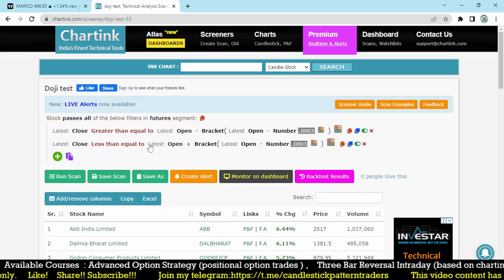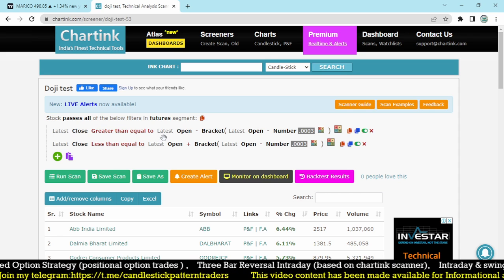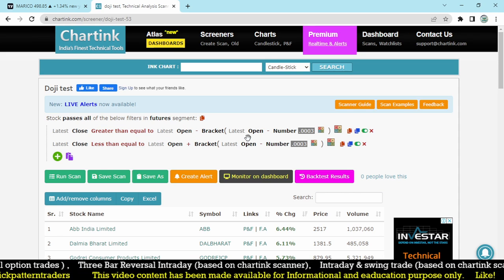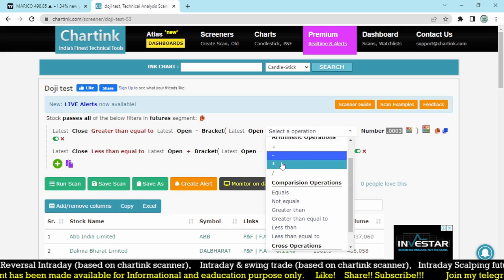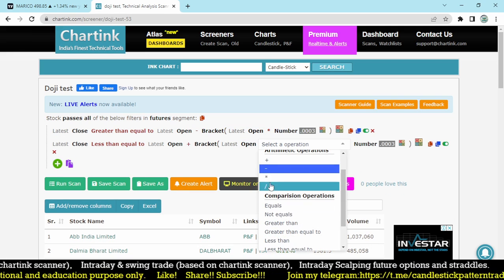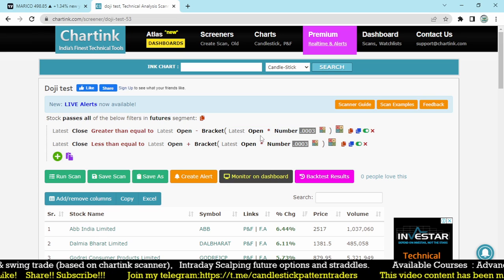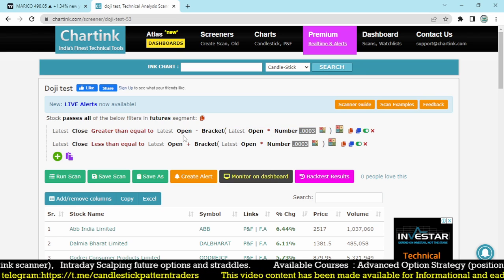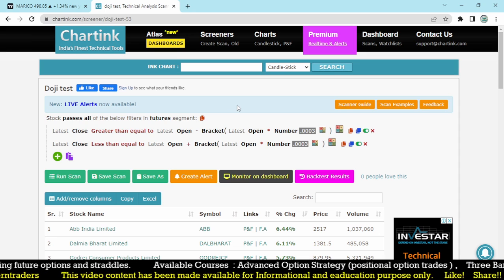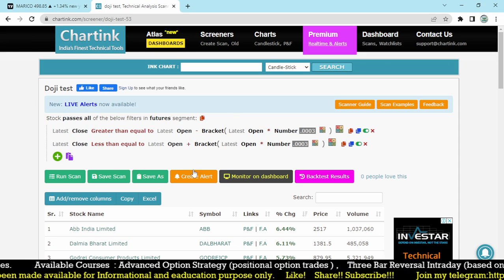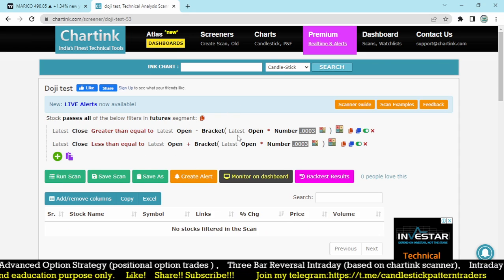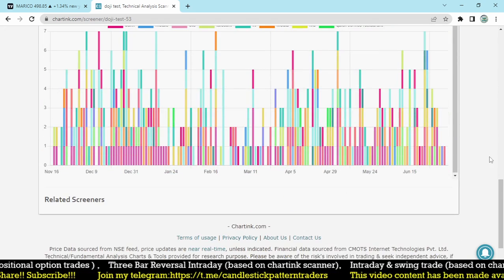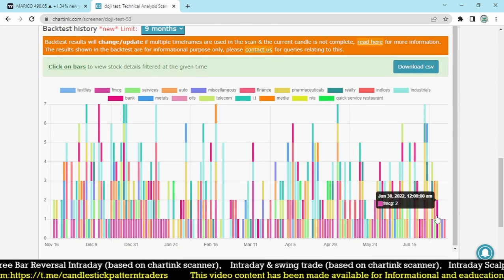Latest close greater than or equal to latest open minus bracket latest open. Sorry, here we have to multiply. I subtracted by mistake. So now this will be from the close, which is open plus and open minus. Open minus means downside, open plus means upside. If you filter it out, we didn't get any stocks.